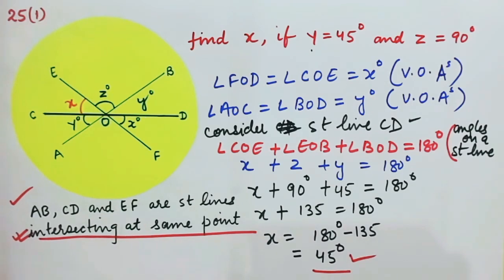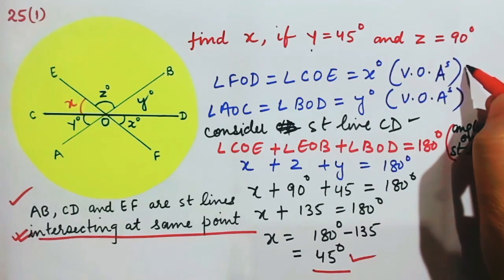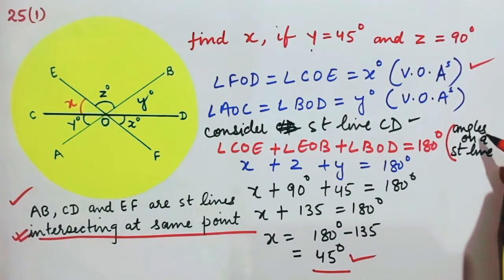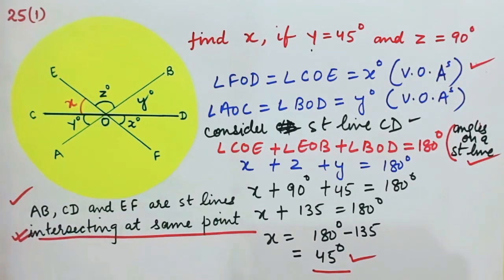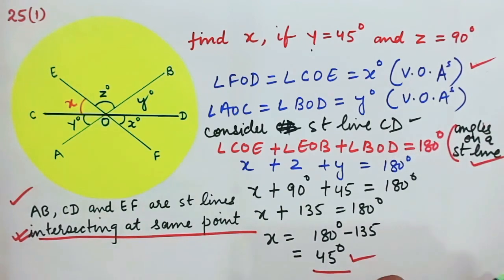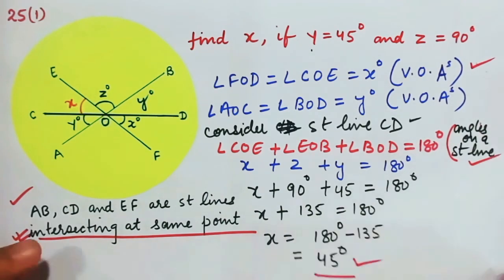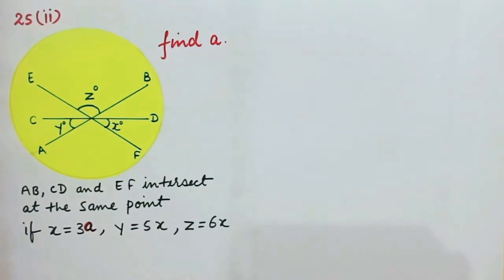Clear? So the theorems that we used here were that vertically opposite angles are equal and angles on a straight line sum to 180 degree. Two theorems have been used over here. Now the second part, 25 second part: if x is equal to 3a, y is equal to 5x, and z is equal to 6x, find a.